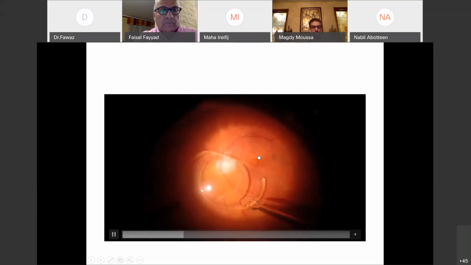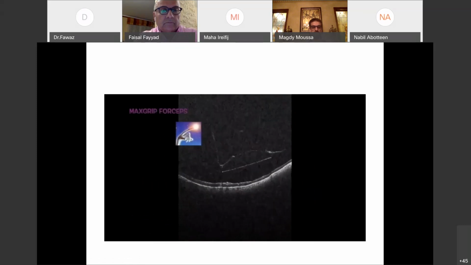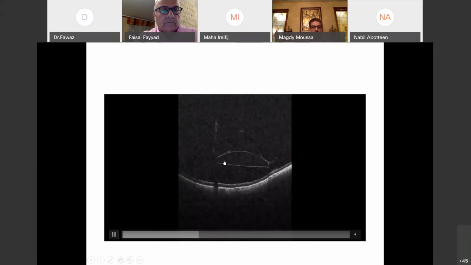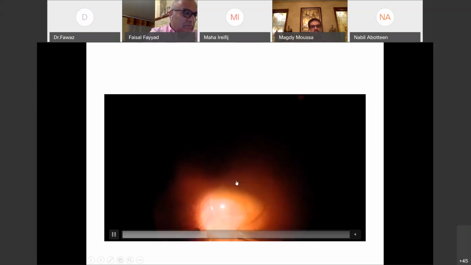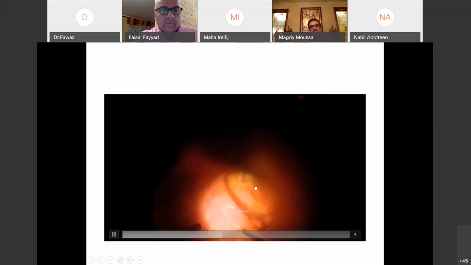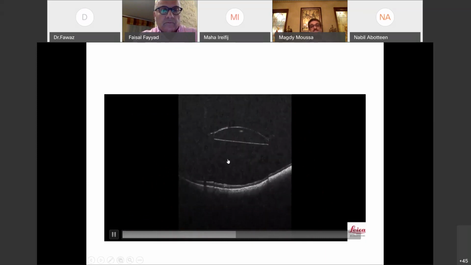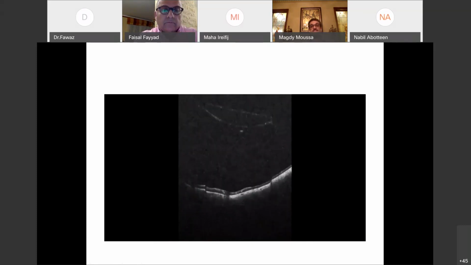He will try to pick up the dropped IOL and handle it, and he wants to be sure he is gripping the IOL in a perfect way to avoid dropping the IOL. Yes, and now he is clamping, so he has handled the dropped IOL, and now he makes sure they grip the IOL from the haptics in a very good way.